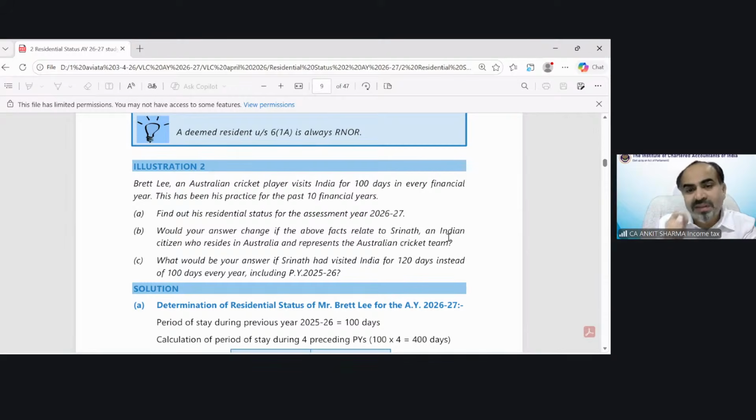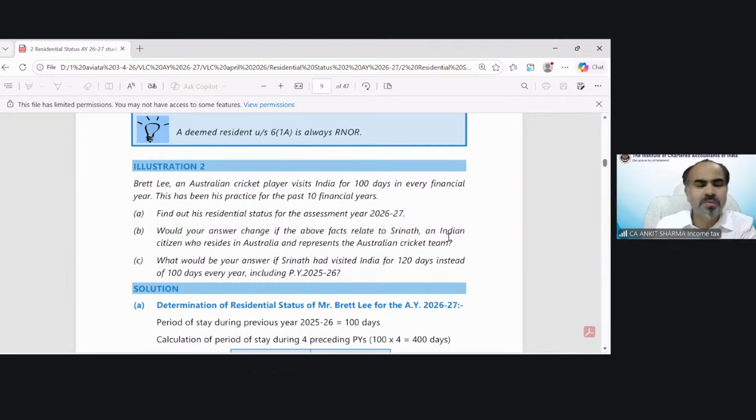Now for the third condition, a person who is a citizen of India, residing outside India, comes to visit India. The third condition says you could be treated as a resident if your total income exceeds 15 lakh rupees. Suppose in this question the total income exceeds 15 lakh, then even then he needs to be in India for at least 120 days. Because he is in India only for 100 days, he could not fulfill that condition also. So in this situation, he would remain non-resident.